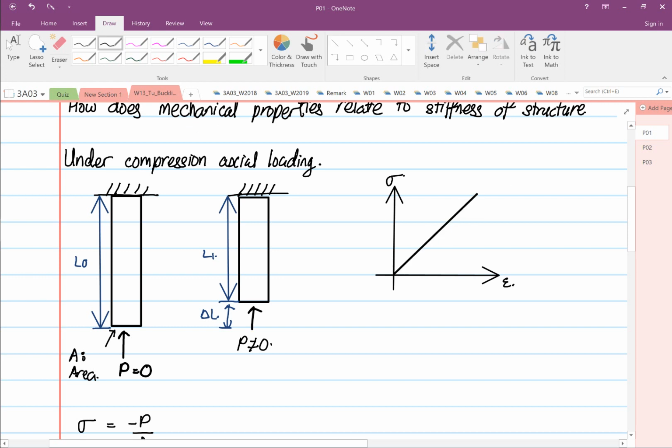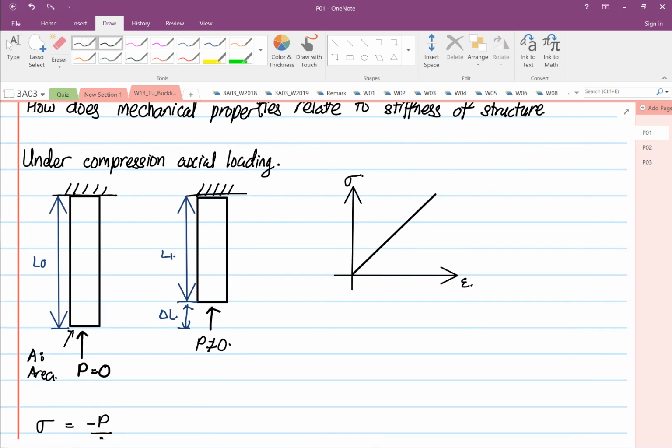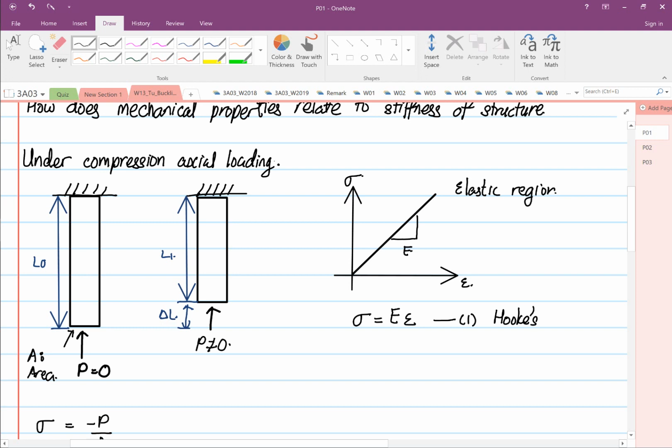We have a linear relationship between normal stress and epsilon, and the slope is equal to E. So in the elastic region, stress is equal to E, Young's modulus, multiplied by epsilon. This is my equation 1. This is what we normally call Hooke's law.